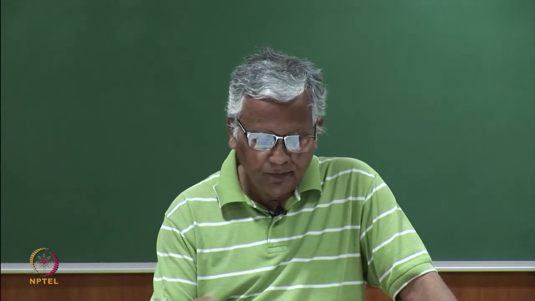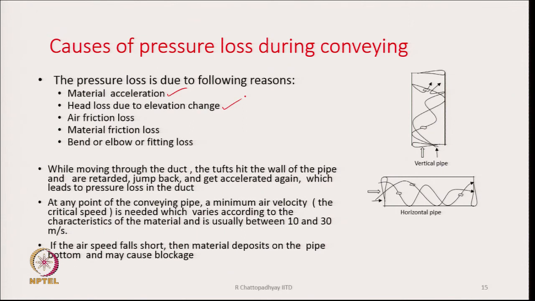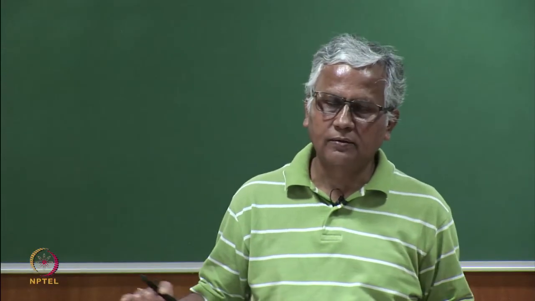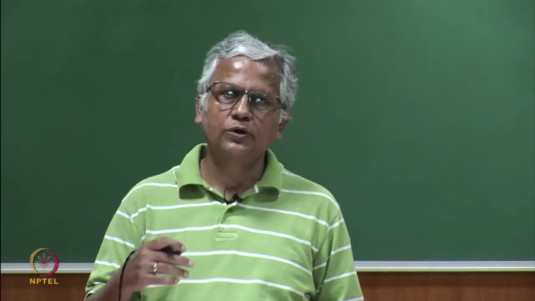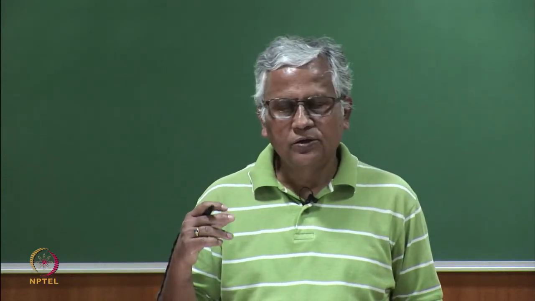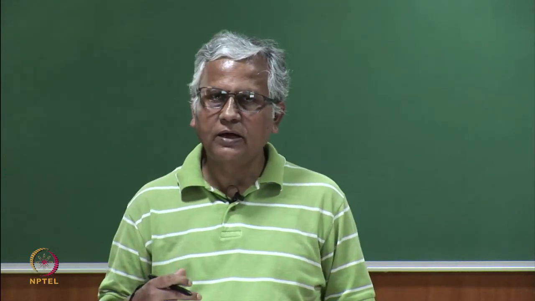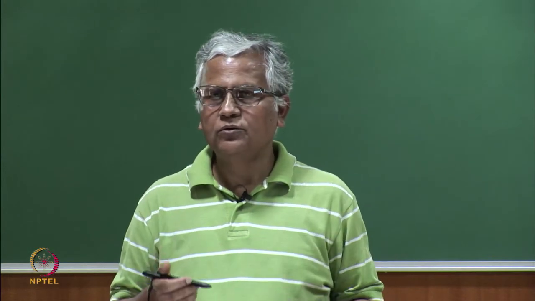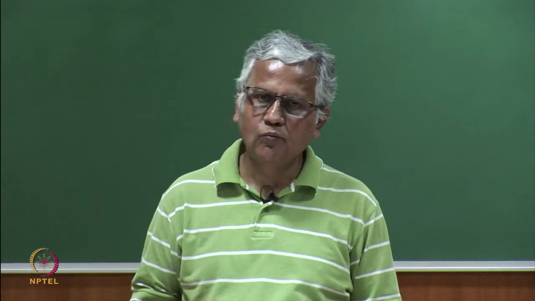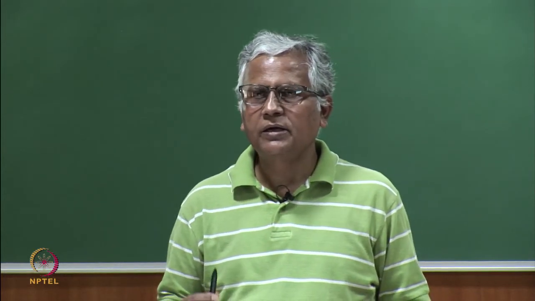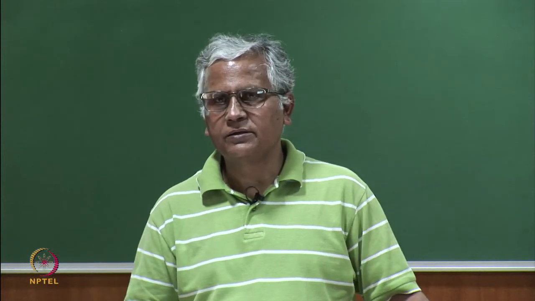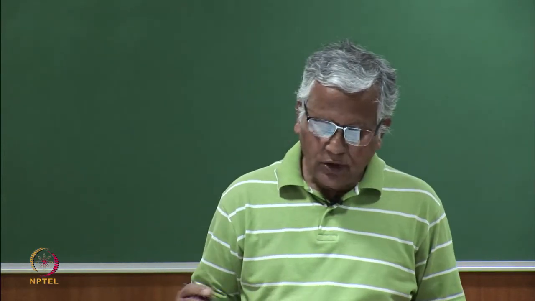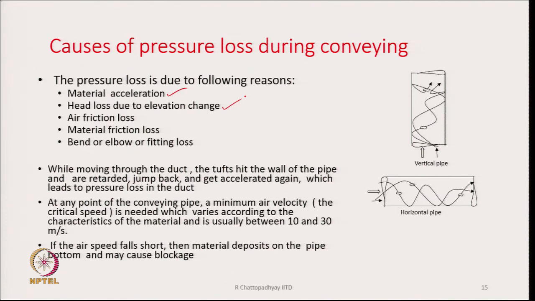The other thing is head loss due to elevation change, that is, the conveying duct is not necessarily always horizontal, somewhere it will be going vertical also. When it goes vertical, we have to put extra energy to move the particles in the vertical direction. Because of this, there will also be a head loss or pressure loss.